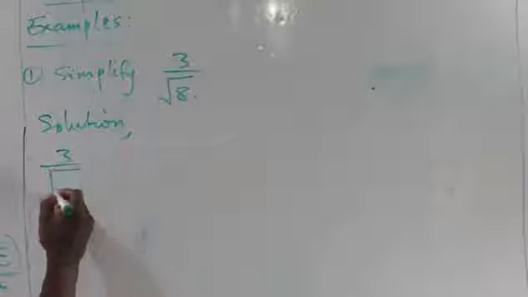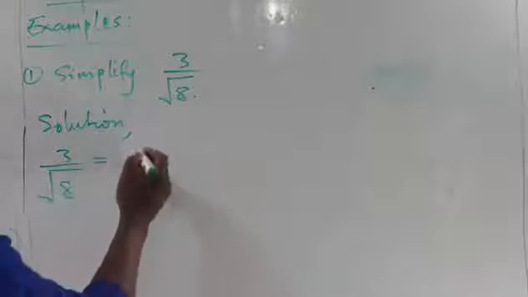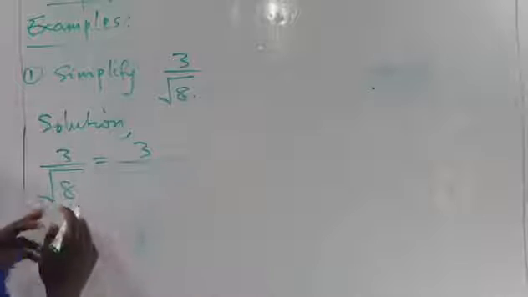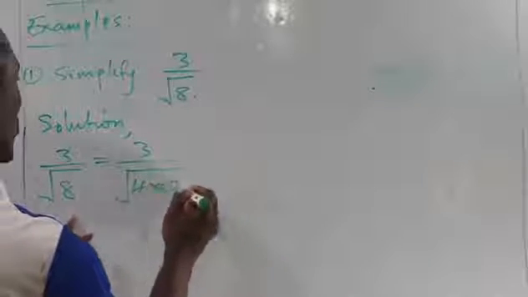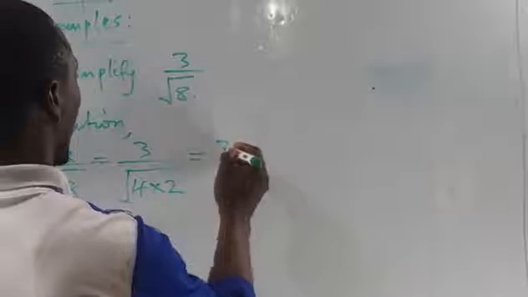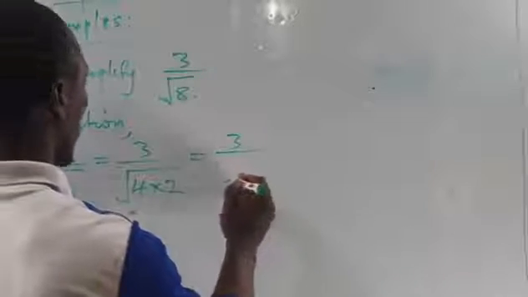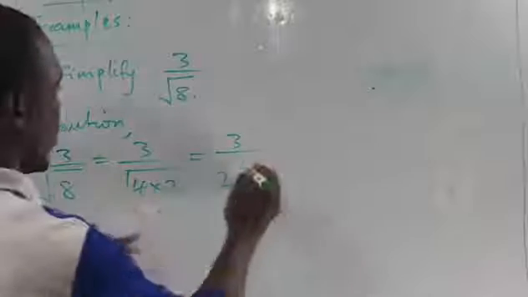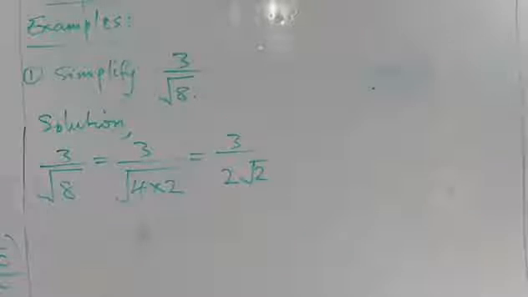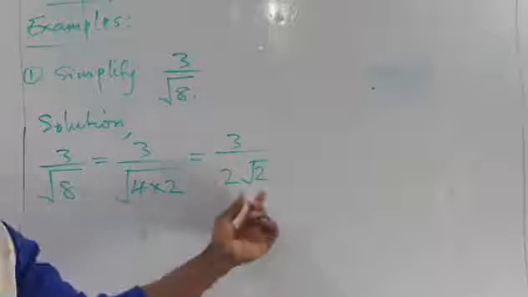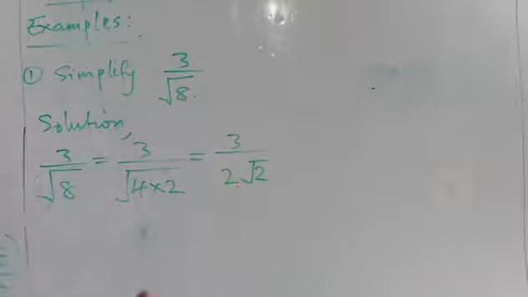So we have 3 all over the square root of 8, which can be written as the square root of 4 times 2, which is the same thing as 3 all over 2 from the square root of 4, then root 2. So we have 3 all over 2 root 2. We still have a surd as the denominator, so we can now rationalize.